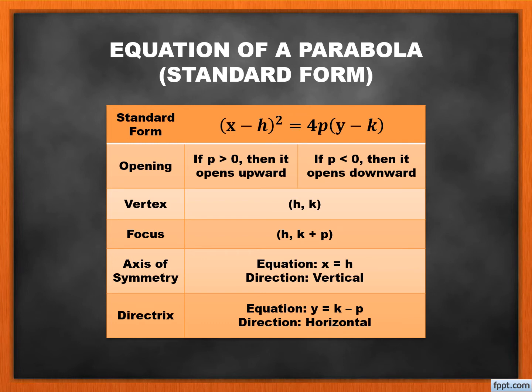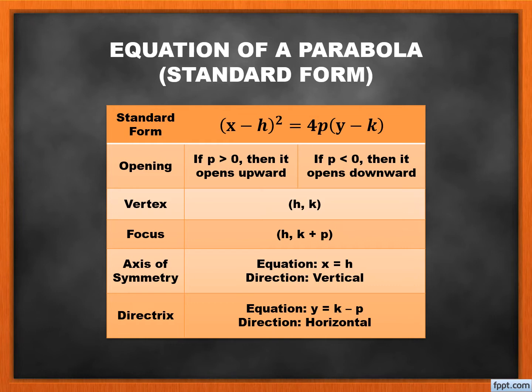The vertex of the parabola is denoted by the point (h, k), and the focus of the parabola is denoted by the point (h, k plus p). The axis of symmetry is denoted by the equation x equals h, and the direction is vertical.